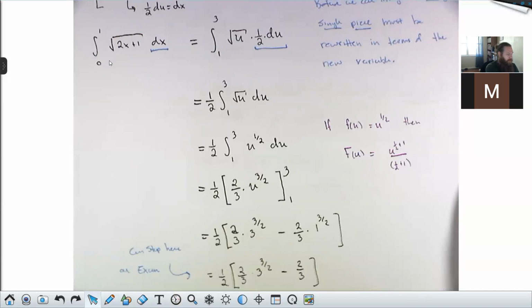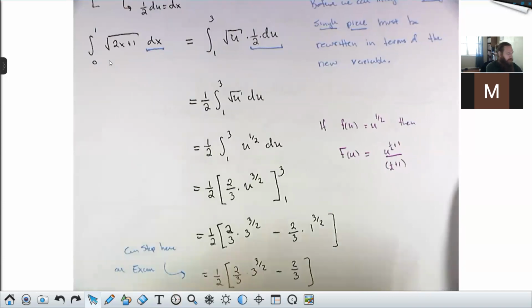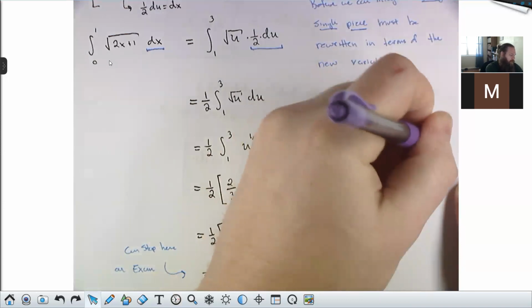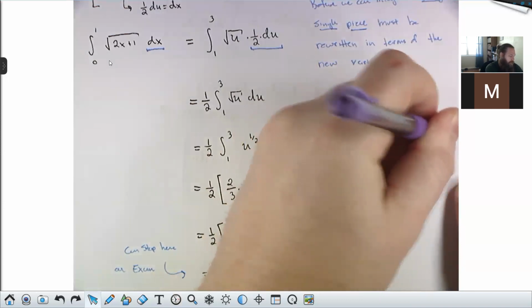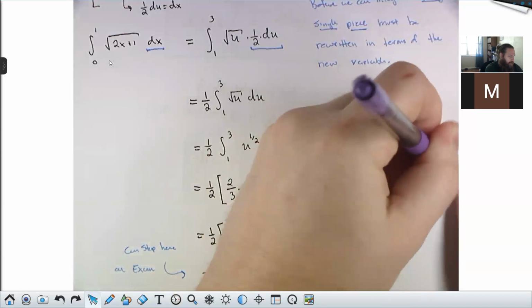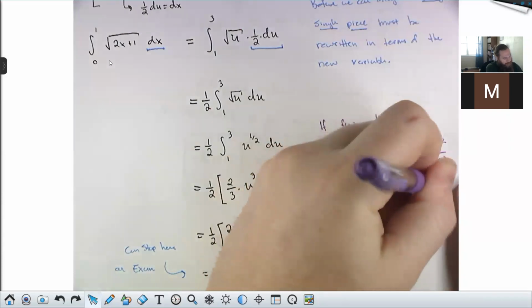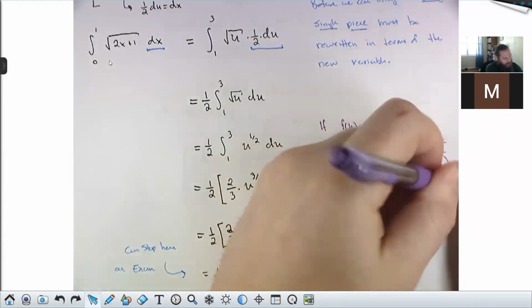That's the power rule, right? You add 1 to the power and then divide by that new power. That is U to the 1/2 plus 1. 1/2 plus 1 is 3/2. So that's U to the 3/2 divided by 3/2. And then dividing by 3/2 is the same as multiplying by 2/3.